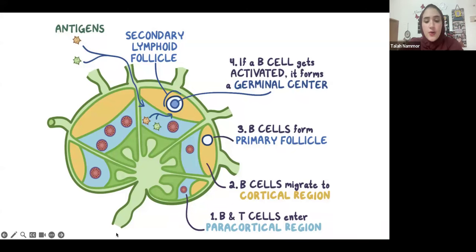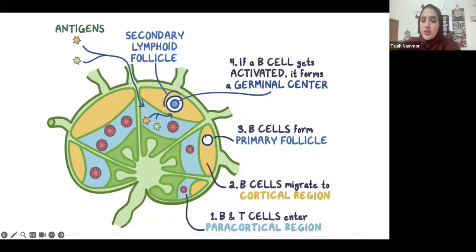Okay. So if we look together, let's start here. The B cells and T cells together will enter the paracortical region or the parafollicular region. In this parafollicular region, the T cells reside. So whenever you hear parafollicular, just know it's T cells. The B cells are not going to stay there. They're going to leave the T cells behind and go to the cortical region, at the peripheries.